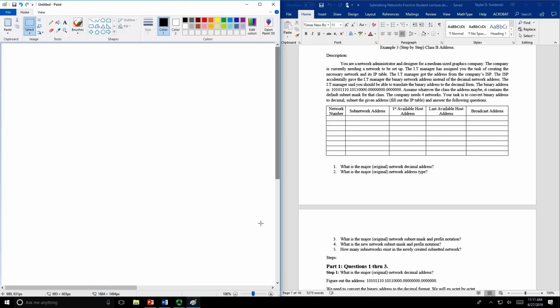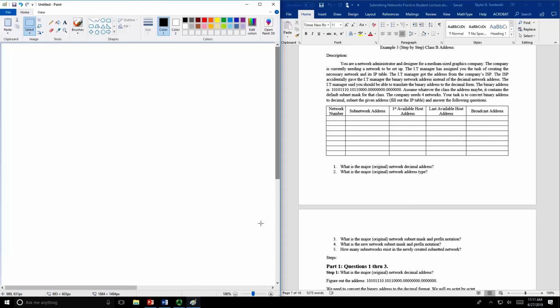Assume that whatever the class of the address may be, it contains the default subnet mask for that class. In this case, the company is asking for 4 networks. Your task is to convert the binary address to decimal, subnet the given address by filling out the IP table, and answer the questions, which are the same as in the previous examples.